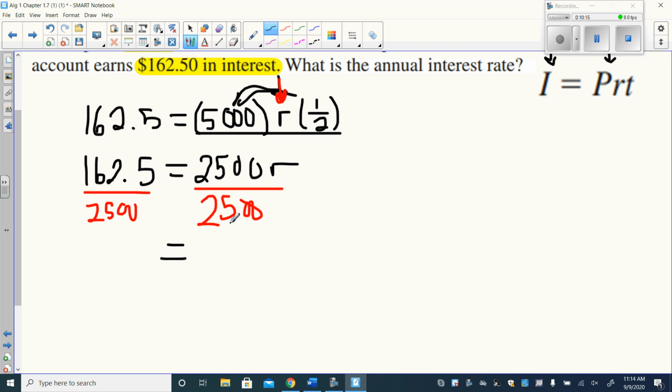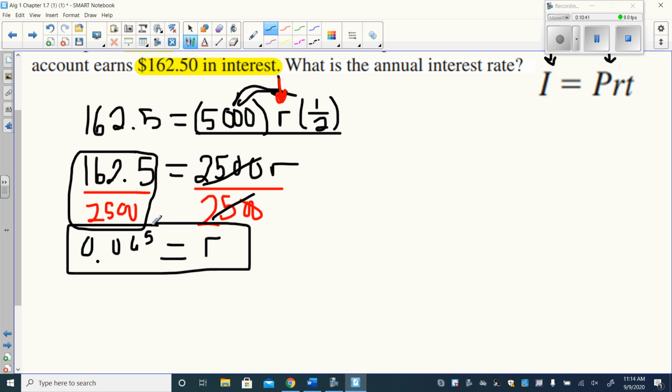And when we do that, 2500 and 2500 will simplify to just R. And now we can plug this into the calculator. So you can pull your calculator up and do 162.5 divided by 2500. And what it'll tell us is 0.065.